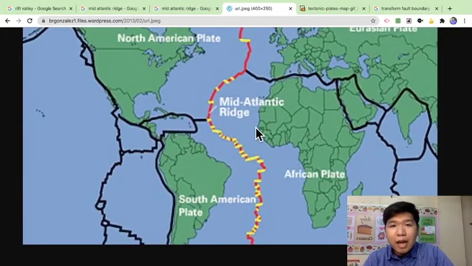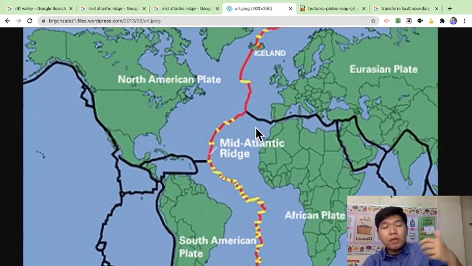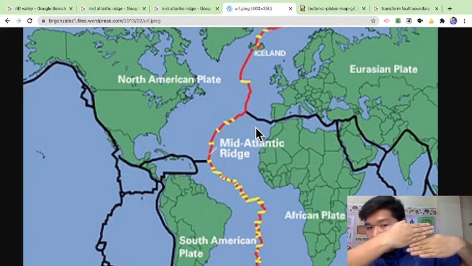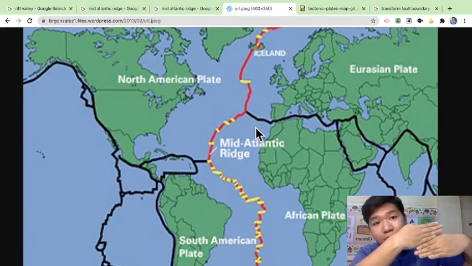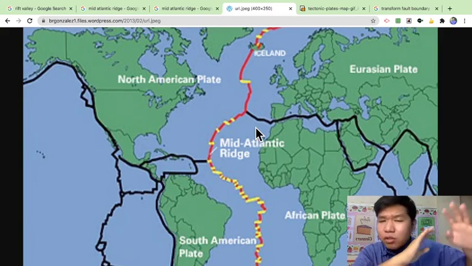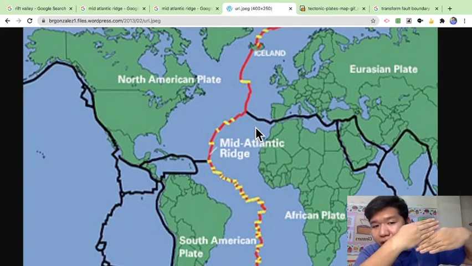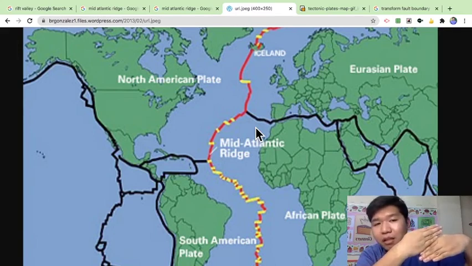So, these types of plate boundaries actually create one of the strongest types of earthquake. From a bird's eye view, when these two plates move against each other, most of the time they get stuck because they're made of rocks, so they're highly irregular. But ridge push continues to happen, so they keep on pushing against each other until there comes a time that the two rocks cannot handle the pressure anymore.